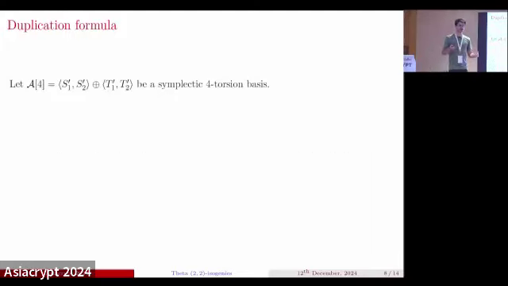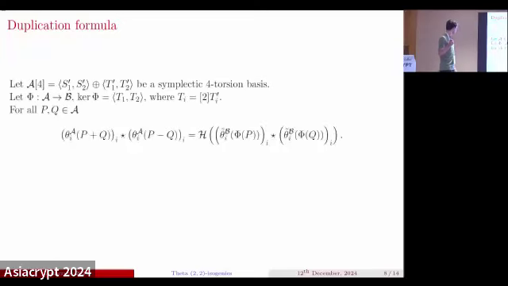The main ingredient that we have to obtain these formulae is the duplication formula. You start from a symplectic fourth torsion basis of your abelian surface, and then, as I said before, you will obtain 4 theta functions. Let's consider the isogeny phi originating from A and mapping onto B, another abelian surface. Suppose that the kernel of this isogeny is generated by T1 and T2, where Ti is twice Ti prime, which is the second group in the symplectic fourth torsion basis.